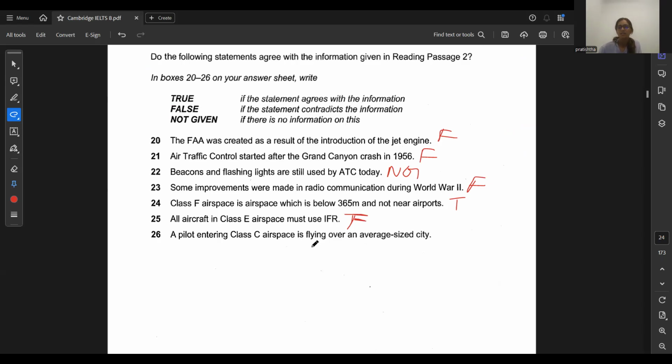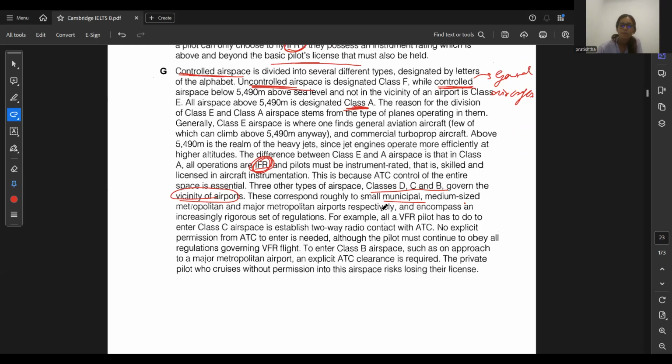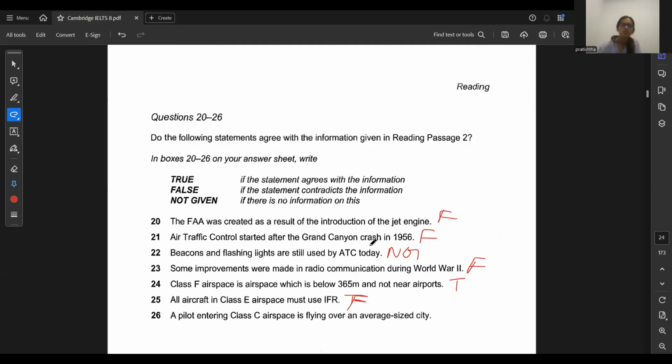A pilot entering class C airspace is flying over an average size city. Class C, two-way radar contact has to be made to enter class C, for example all VFR pilots. So no, it does not really say a small city. No, I think it should be false.